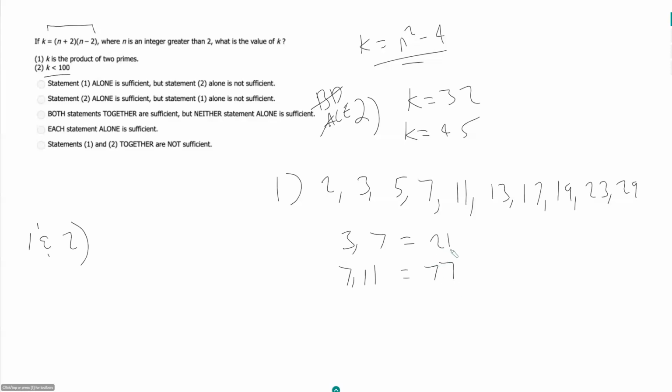However, we can actually reuse both of these examples because they're both less than 100, and so I still have at least 2 options. These might be the only 2 options, but it's still 2 options. If k can be equal to 21 or 77, both of those numbers can be expressed as the product of 2 primes that are 4 away from each other. So the answer is going to be E.